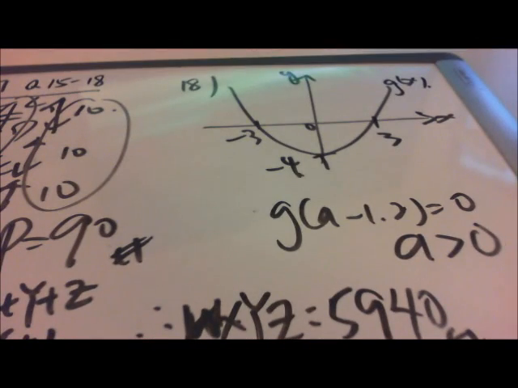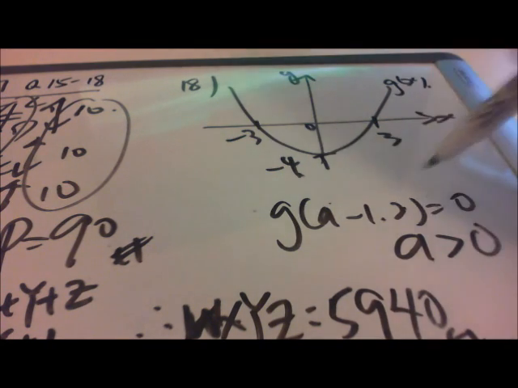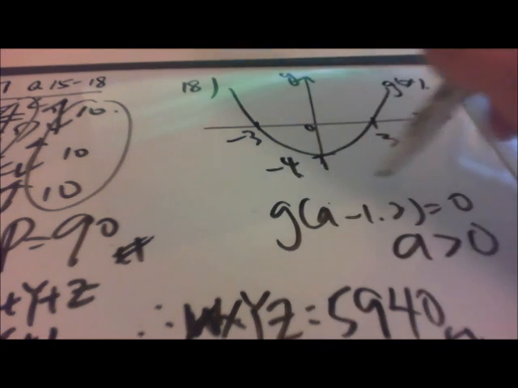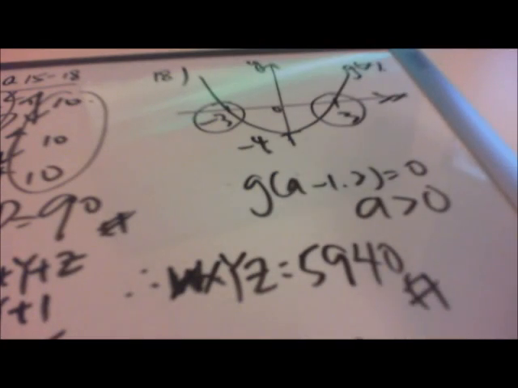So technically, I don't really care that the equation they give you, g of x equals k times x plus 3, x minus 3, that is just extra information because they're looking for a only. So this whole thing, g of a minus 1.2, is the y value, y equal to 0, y equal to 0 when x equal to 3 or -3.